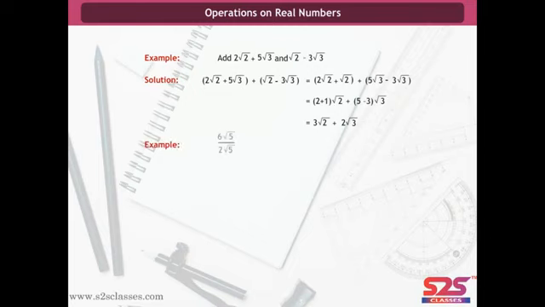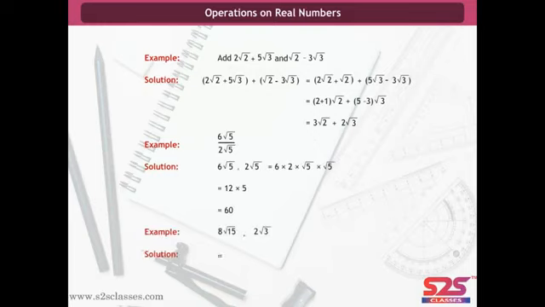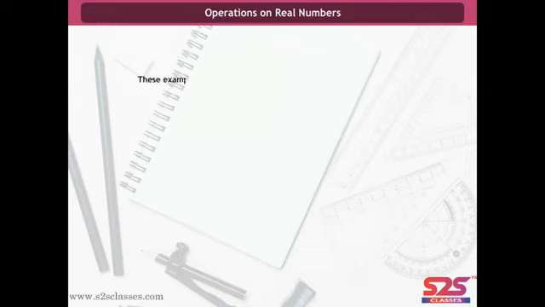Similarly, by solving 6 root 5 by 2 root 5, we get 3. And again by solving 8 root 15 divided by 2 root 3, we get 4 root 5. Now these examples may lead you to expect the following facts which are true.